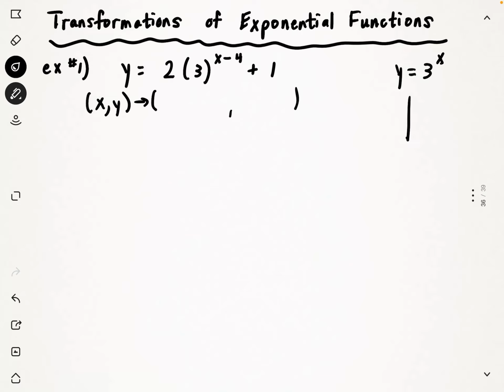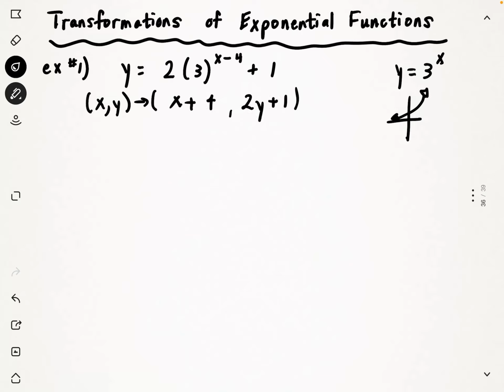So we're taking this basic growth function that we looked at in the previous section, and we're going to do things to it. Because the 3, the base number, is part of the original function, we're not going to put that in the mapping notation, but we will put everything else.